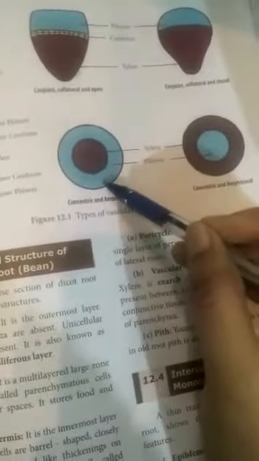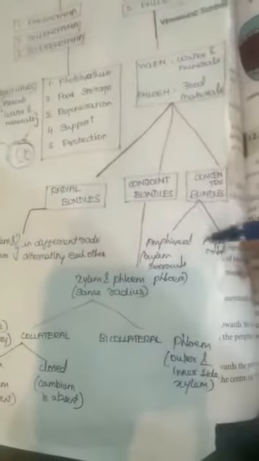In concentric bundles, xylem completely surrounds phloem or phloem completely surrounds xylem, vice versa. It is again divided into amphivasal and amphicribal. In amphivasal, xylem surrounds phloem, whereas in amphicribal, phloem surrounds xylem.